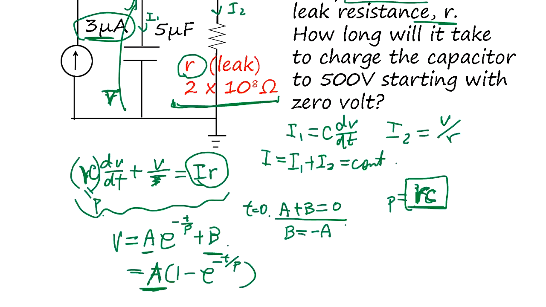When t is infinite time, it eventually reaches the final voltage, which is going to be V0 times 1 minus e to the negative t over P. So this is the final voltage, but the question is not asking for the final voltage, it's asking about 500 volts.